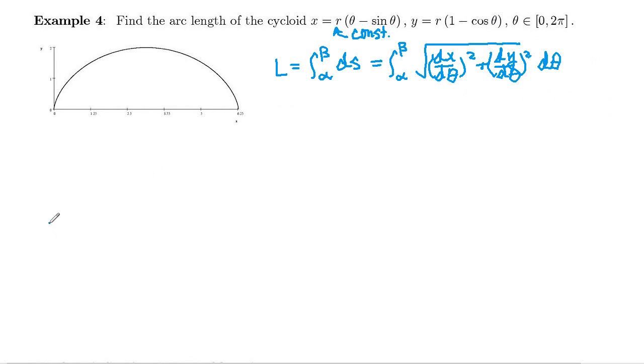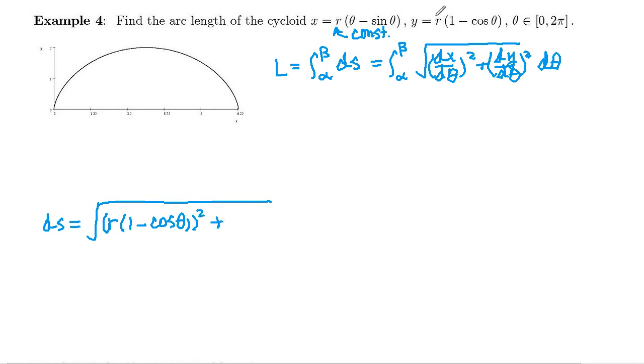So down here, let's look at our ds, which is going to be the square root of (dx d theta). Again, r is a constant, so we can pull that constant out and then take the derivative. So r will be on the outside, derivative of theta is 1, derivative of negative sine theta is negative cosine theta, and that gets squared, plus (dy d theta).